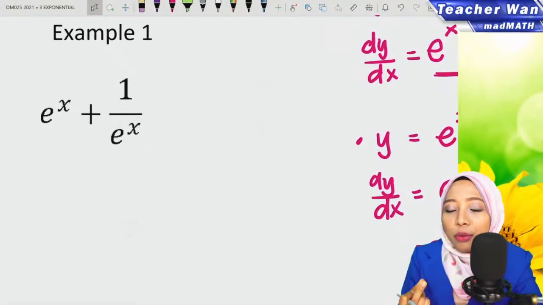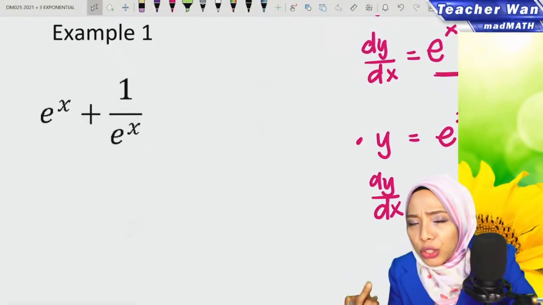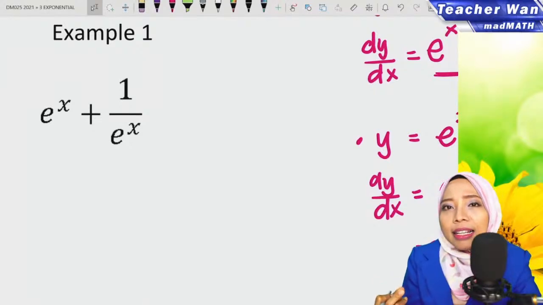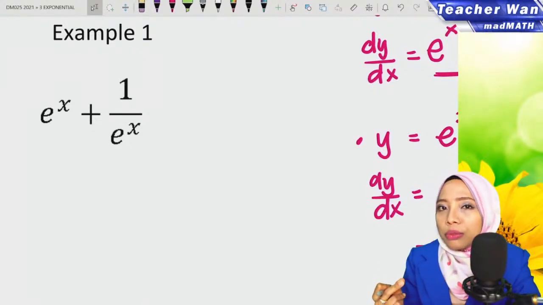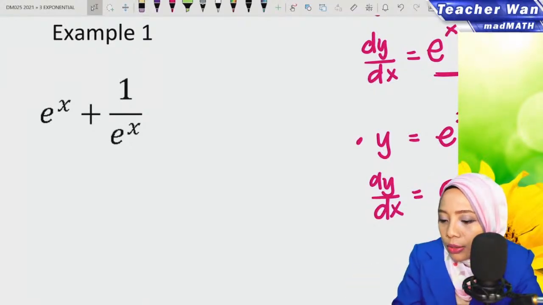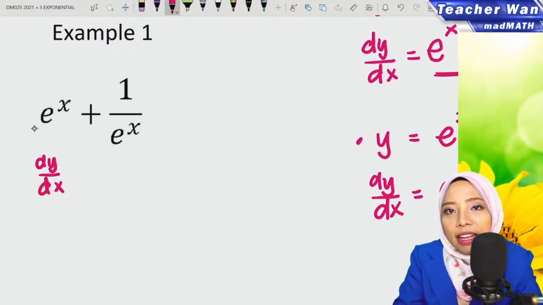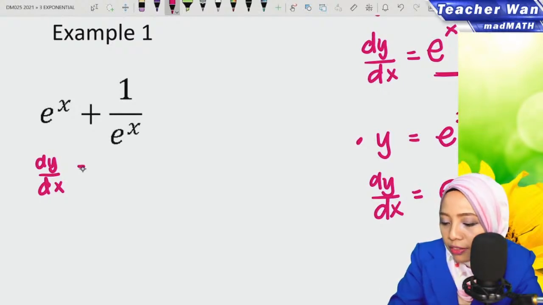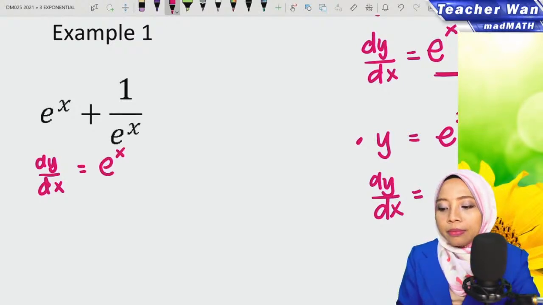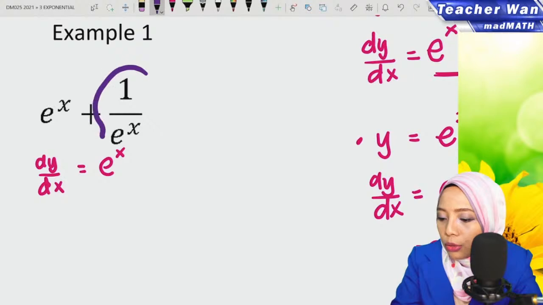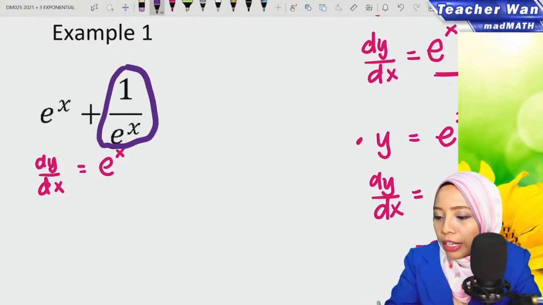And then when you are dealing with exponential of t, for example exponential t, it is the same thing. So let's do this. dy over dx, finding the derivative of exponential x will give us e to the power of x. This one I would recommend you to write down e to the power of negative x.